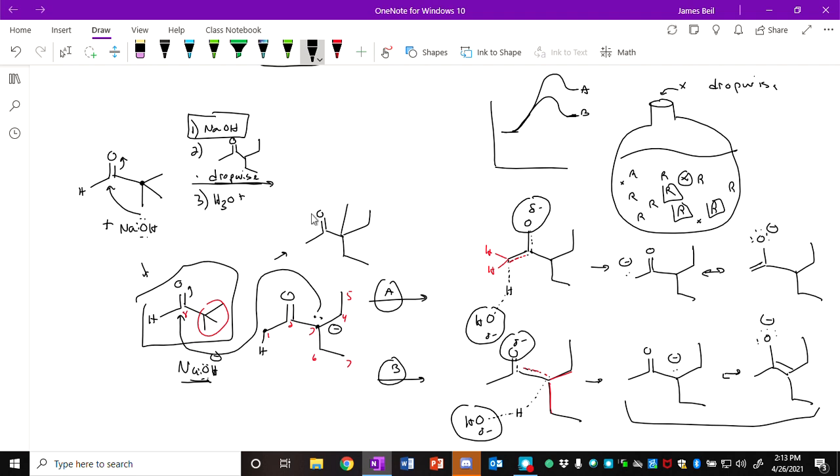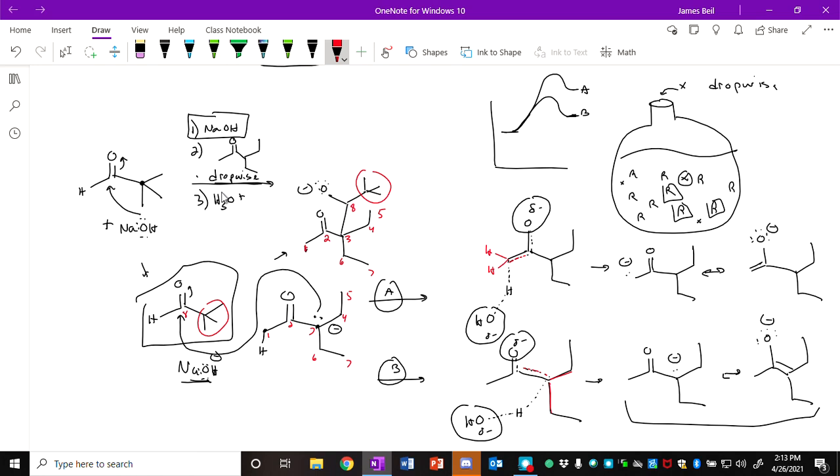And electrons are going to swing up to the oxygen from 8. And 8 still has a tert-butyl group. So we'll just make sure we did this correctly. 3, 4, 5, 6, 7, 8 with the tert-butyl group. So that would be the product after step 2.